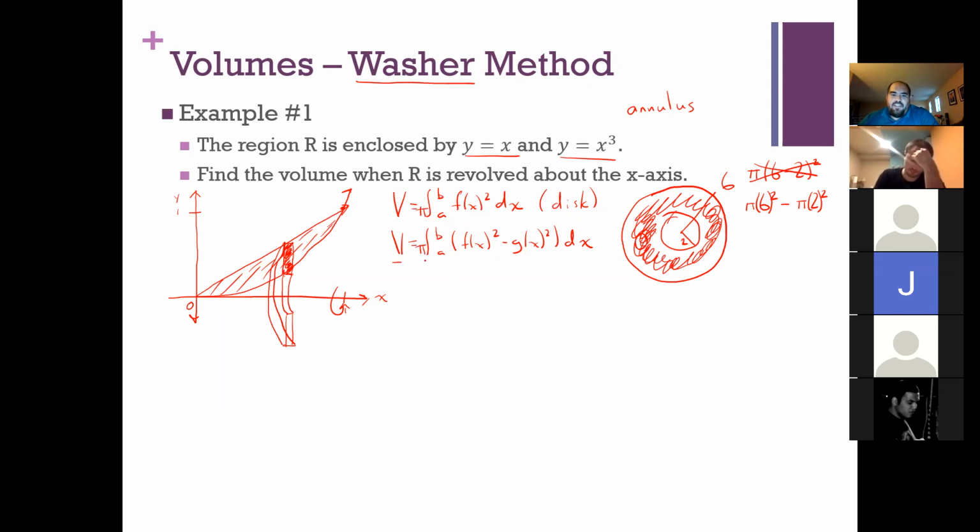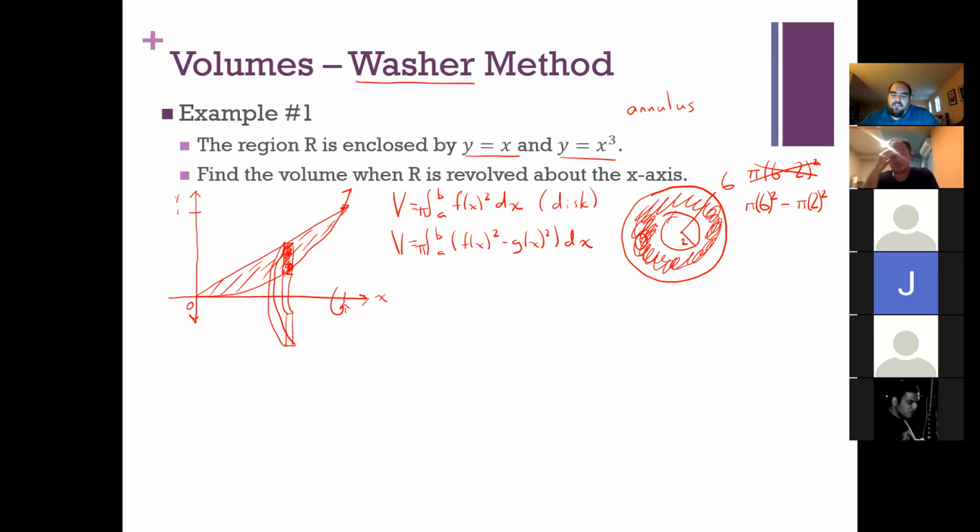So how do we feel about this thing right here? Would it instead be just f of x minus g of x and that whole thing squared instead?